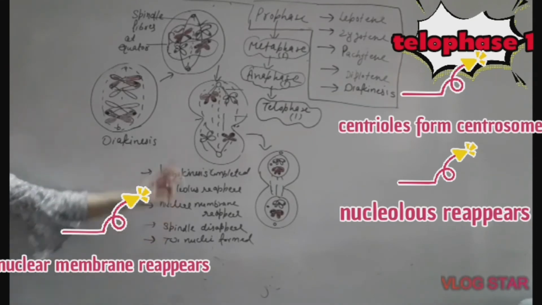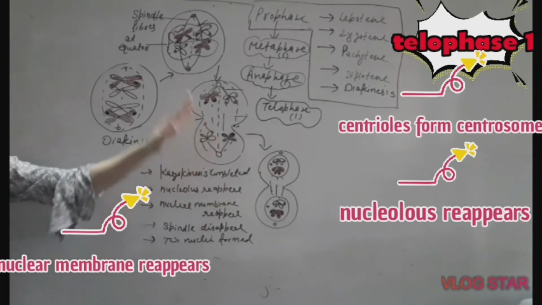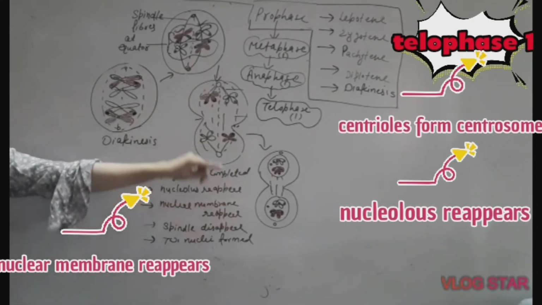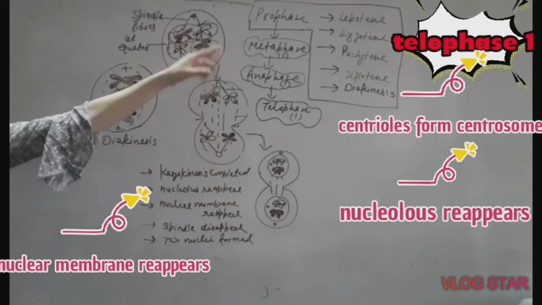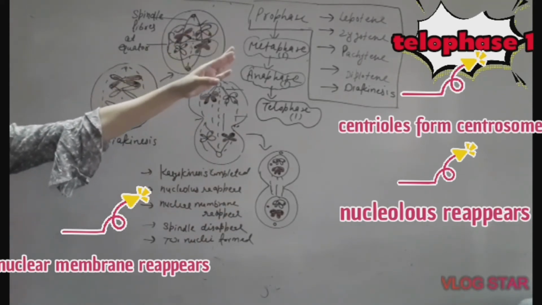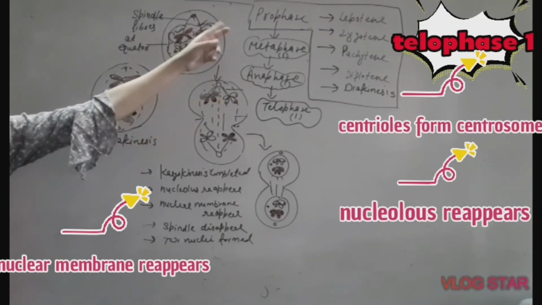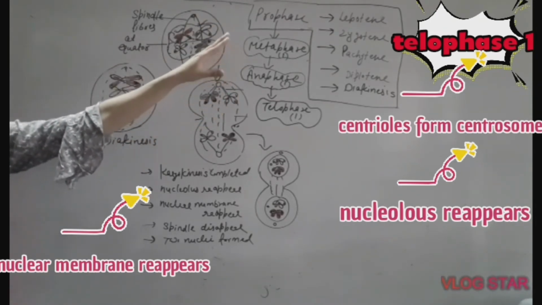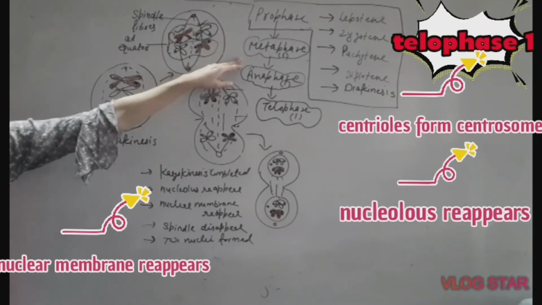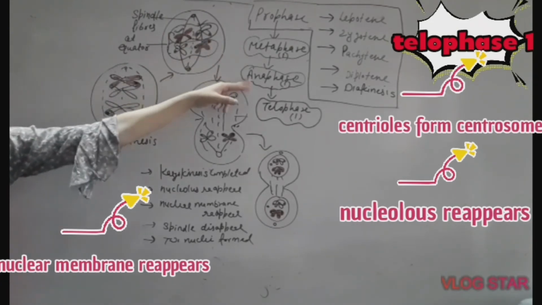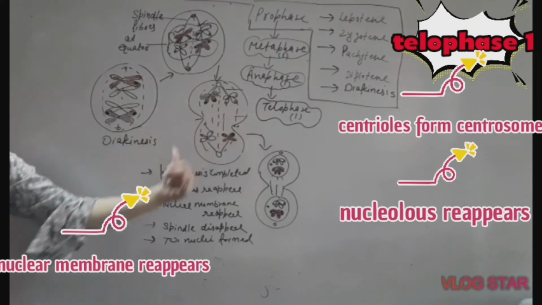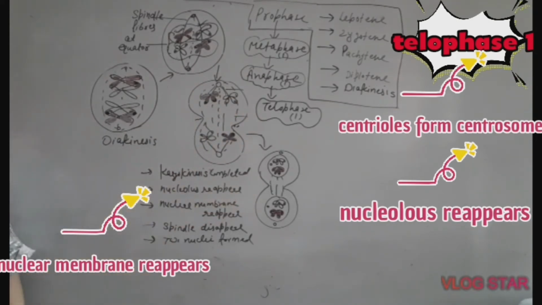So here you can see meiosis 1 gets completed. Meiosis 1 had the five phases of prophase: leptotene, zygotene, pachytene, diplotene, diakinesis, and then metaphase. When these five phases of prophase get completed, the cell enters into metaphase, then into anaphase, and from anaphase it finally enters into telophase.